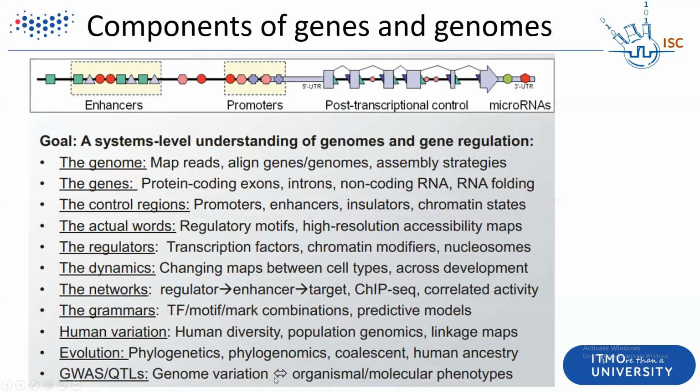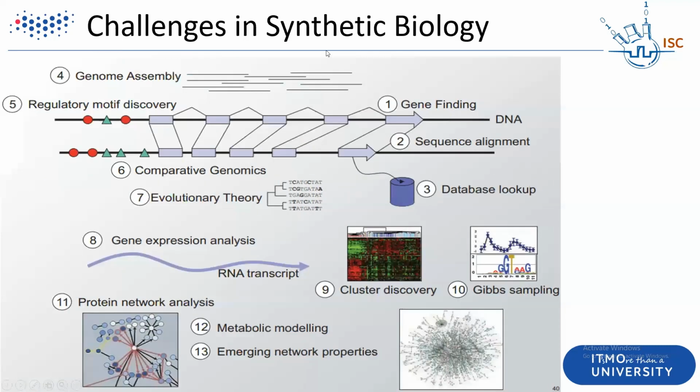Then we can use this to analyze the molecular phenotypes, organismal and molecular phenotypes. So here are the challenges in synthetic biology. What we have here, we have genome assembly.